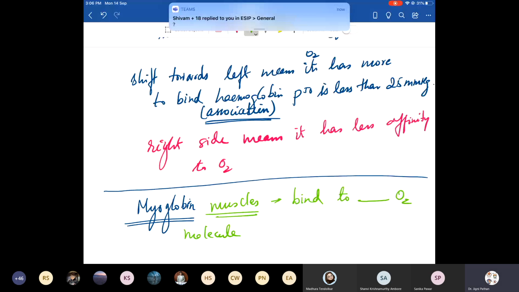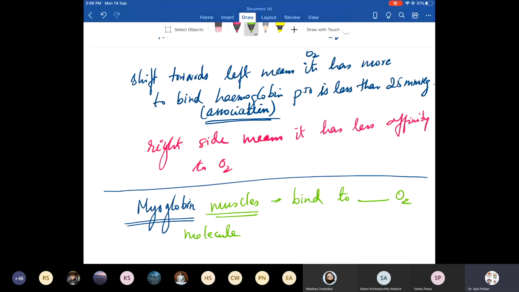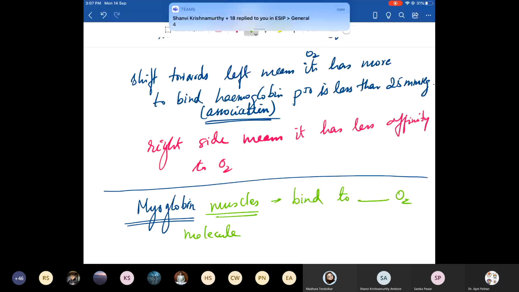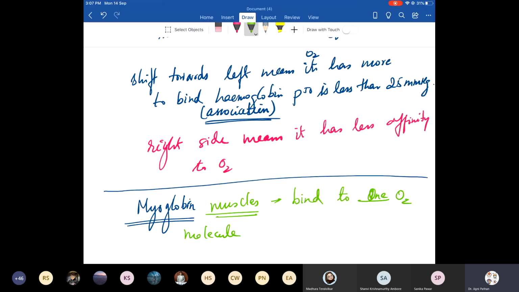One hemoglobin, one myoglobin binds to how many oxygen molecules? Okay, it's one oxygen molecule. Many of them make this mistake, confusing 1 or 4. So remember, it is just one.